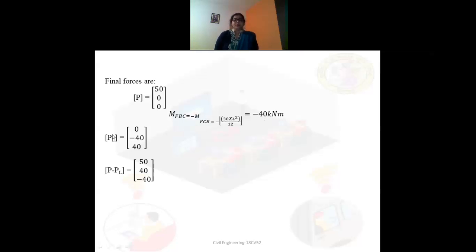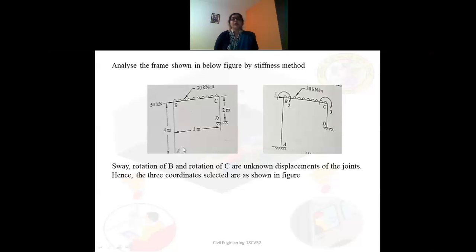Therefore, for the restrained structure, what are the forces we are going to get? Do we have any horizontal reaction at B? We do not have any forces in the vertical member, so it is 0.